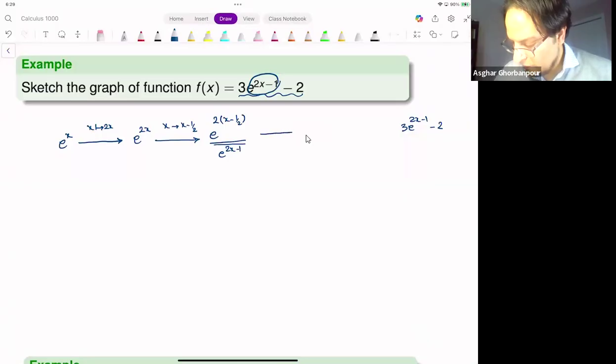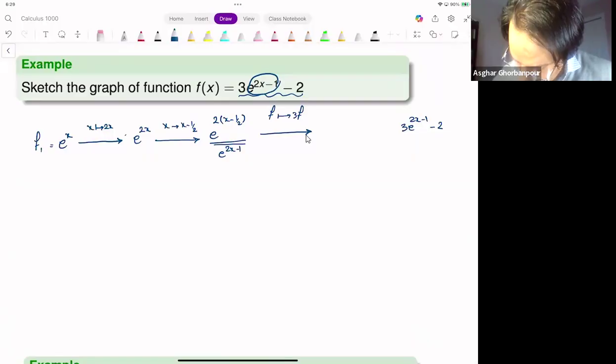Then the next move is you multiply the whole function, which is e to the power 2x minus 1, by 3. So you send f to 3f. Sorry, this f is not that f. Maybe I should denote these properly. So f1, this is f2(x), f3(x).